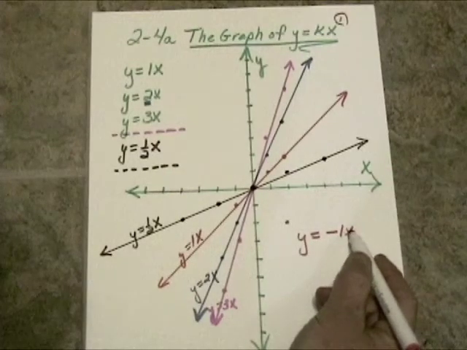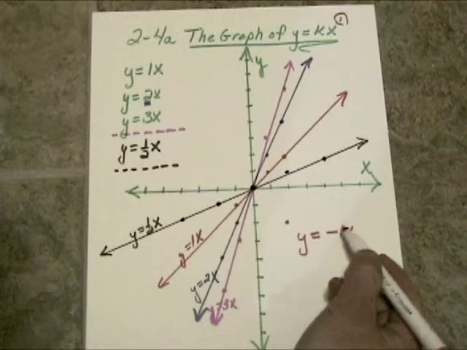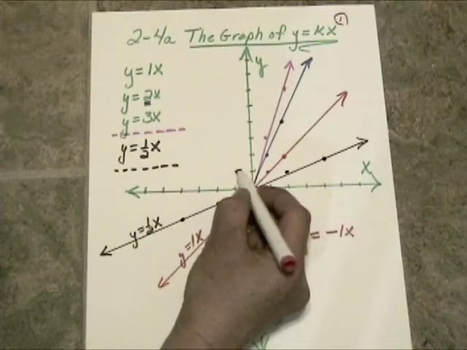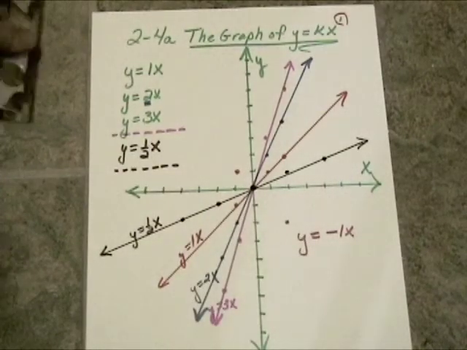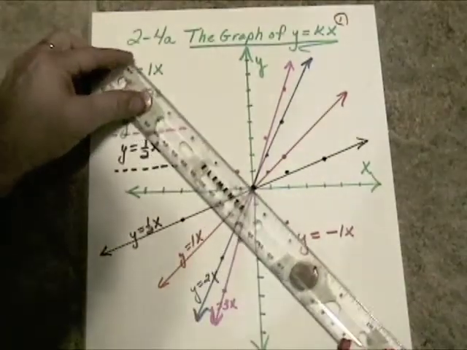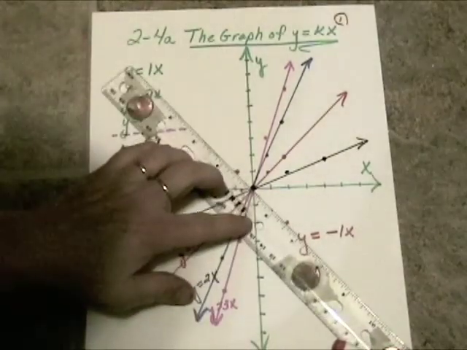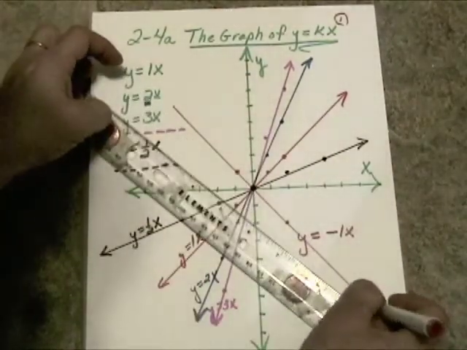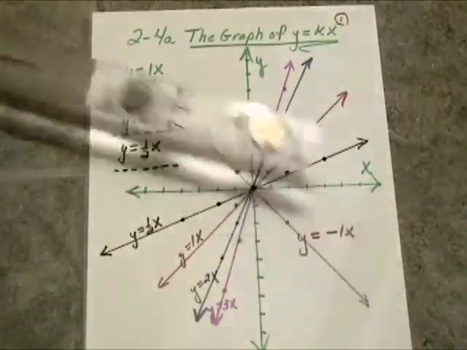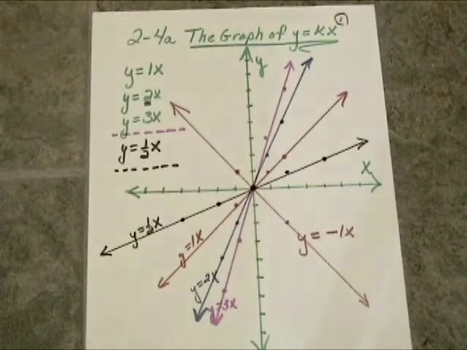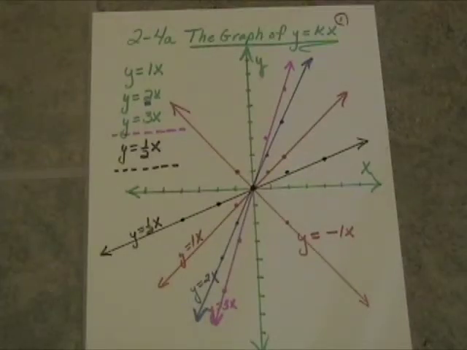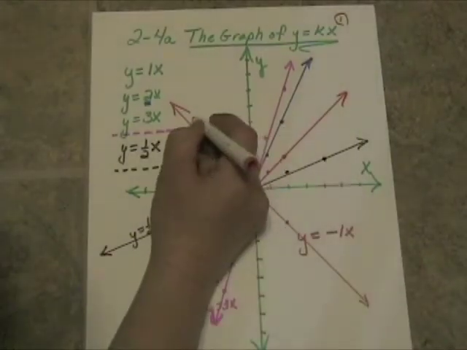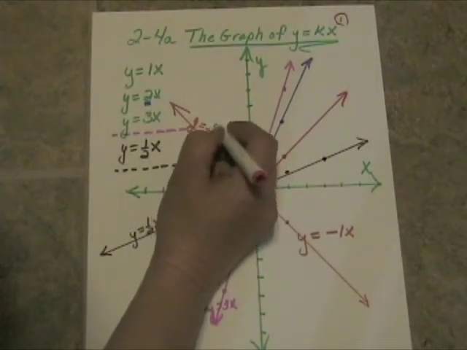Negative 1 for x times negative 1 would be positive 1, so if x is negative 1, we'll get a positive 1 for our y. And you can see here now, well, look at that. Now we have a line that's going downhill. By the way, this one was y equals negative 1x.